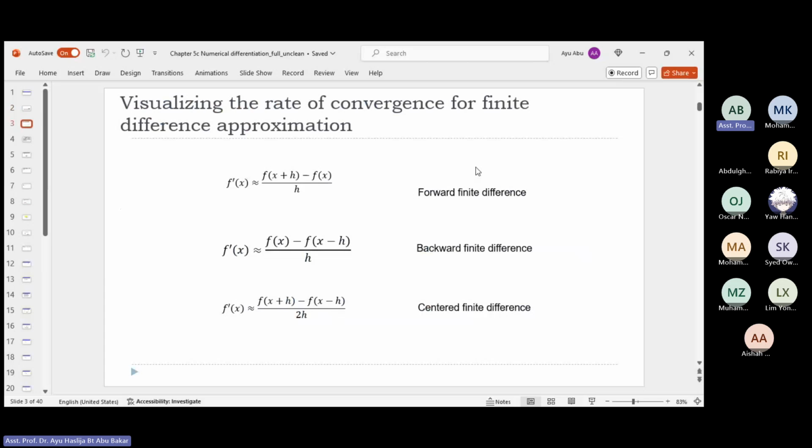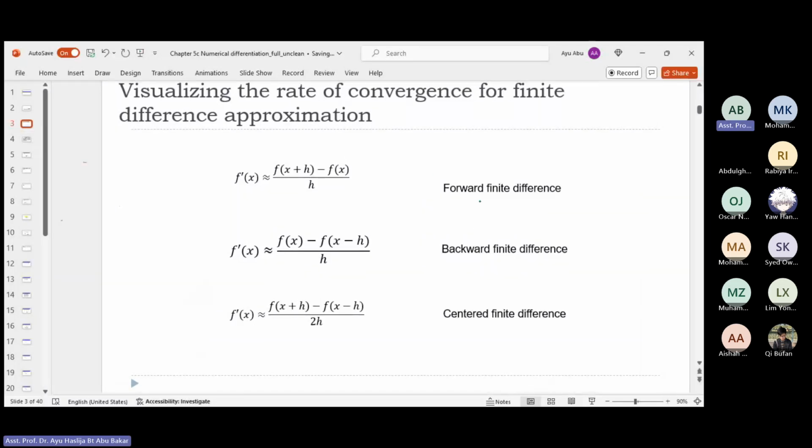You will have a few types of finite difference: forward, backward, and centered finite difference. Now all of these should have convergent trends. By now you should know the terms convergence and divergence.